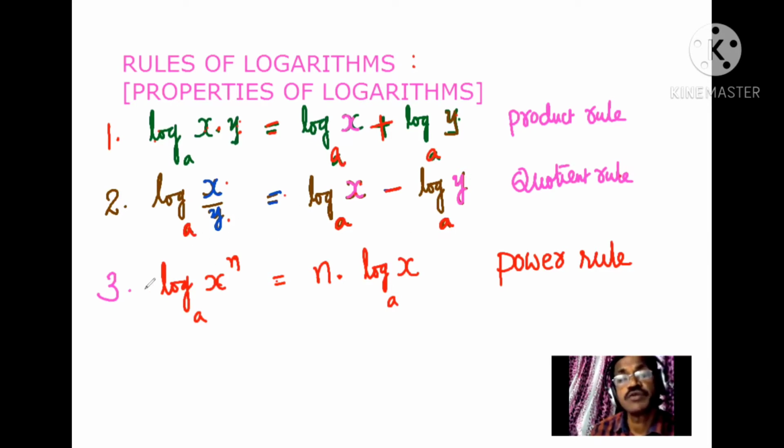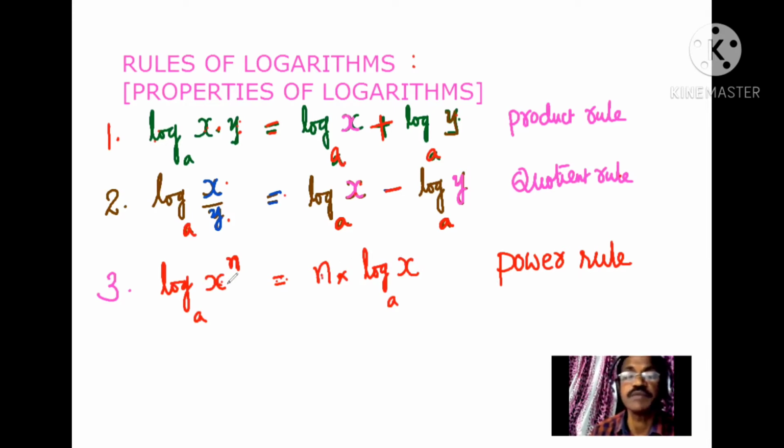And then we go to the third rule, logarithm of x to the power of n base a is equal to n into log x base a. Here if a number can be written in the form of an exponent, here the exponent is n, so the logarithm of x to the power of n is equal to the product of the exponent and the logarithm.